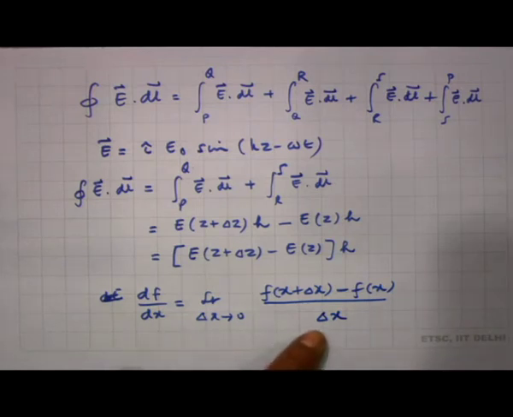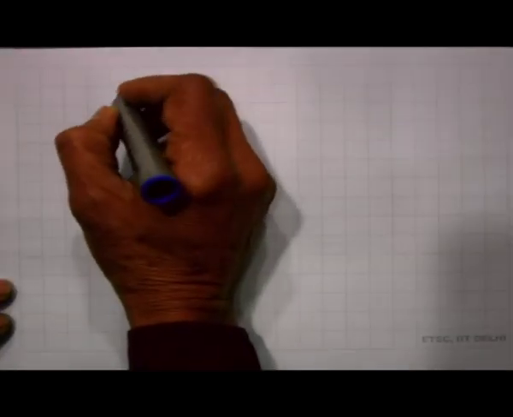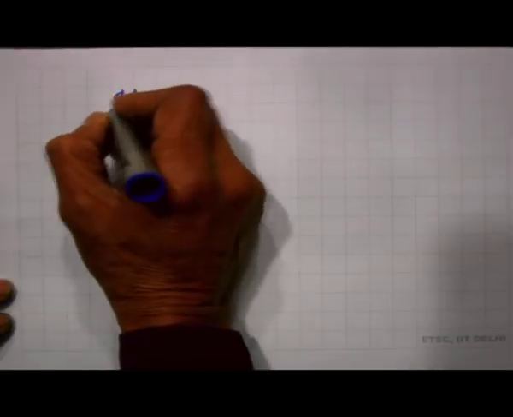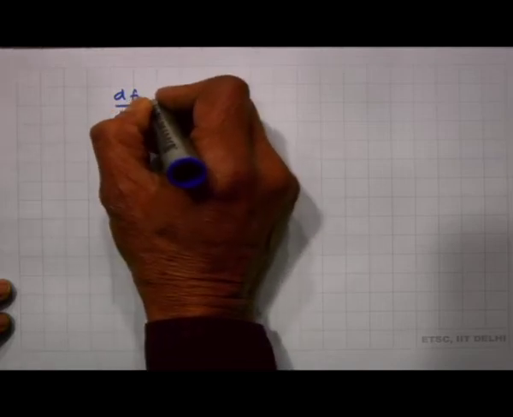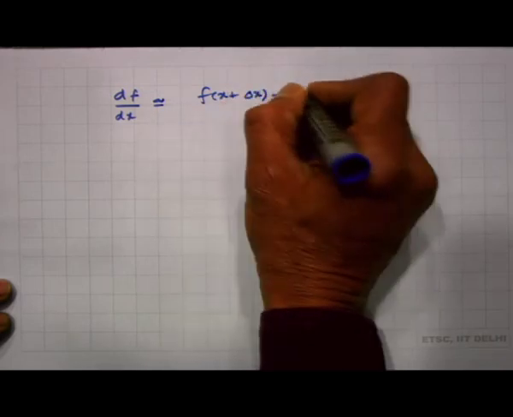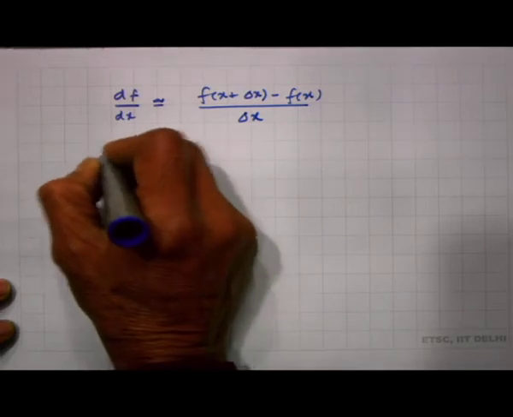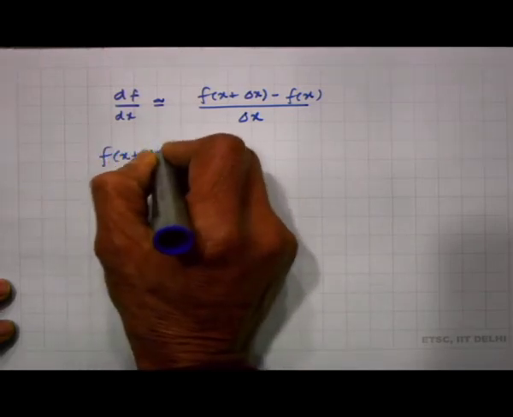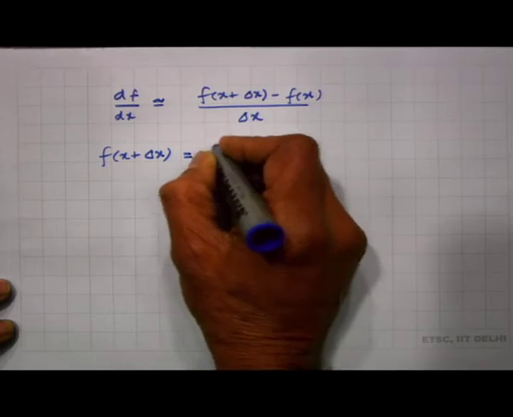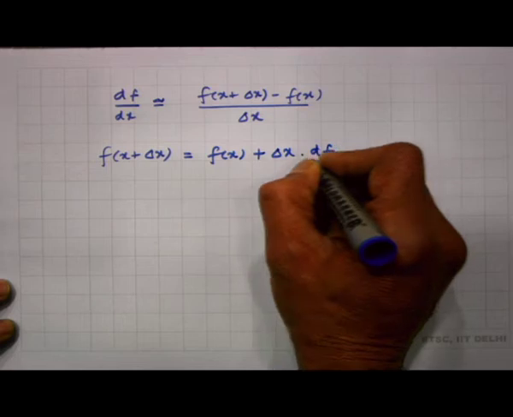So, if delta x is extremely small, then I can write this as df by dx. If I choose a very small value of delta x, this is approximately equal to f of x plus delta x minus f of x by delta x. So, if I simplify this, I will get f of x plus delta x is equal to f of x plus delta x times df by dx.